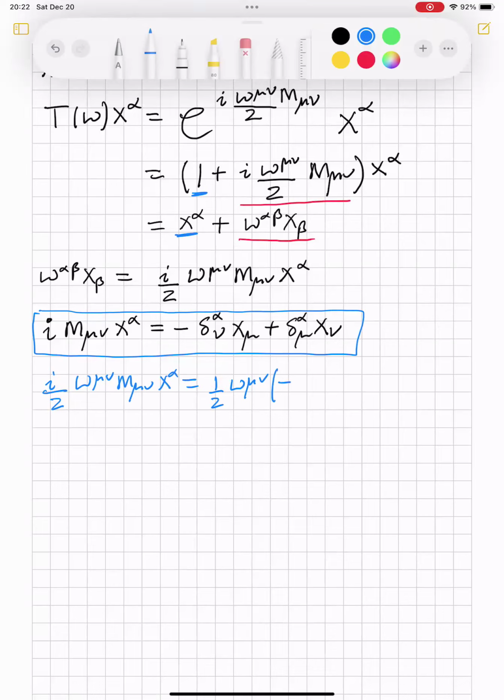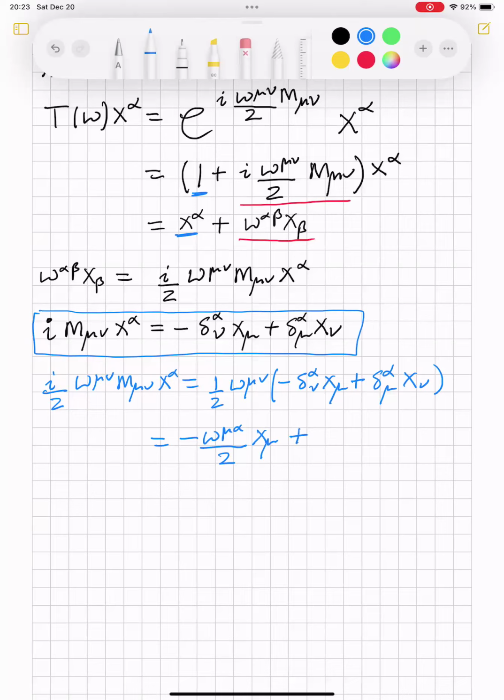So this is minus delta alpha nu x mu plus delta alpha mu x nu. So what is this equal to? Well, when the delta alpha nu contracts into the omega, we'll get an omega mu alpha. This will be over 2. There'll be a minus because that first term is negative, and we will have an x mu downstairs.